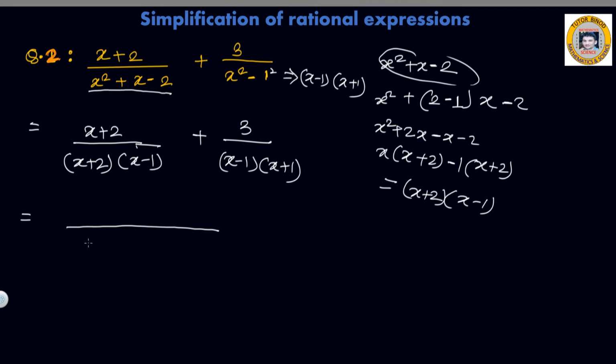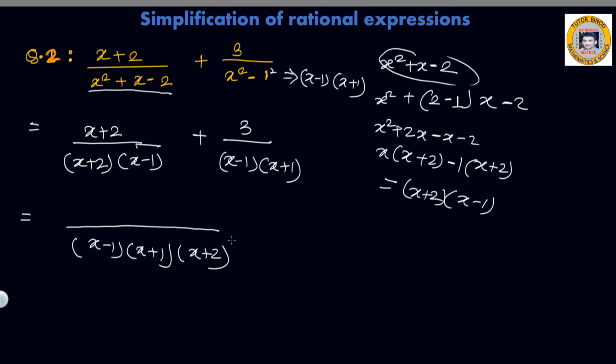Clearly it will be x minus 1, x plus 1, and x plus 2, because this is divisible by both of these terms, and it is the least common multiple of these two terms.